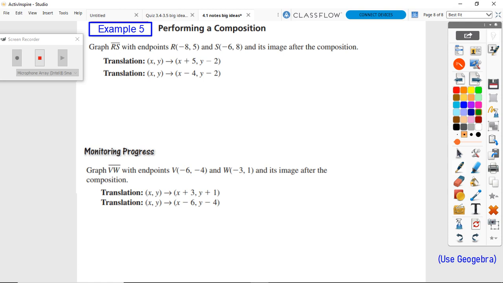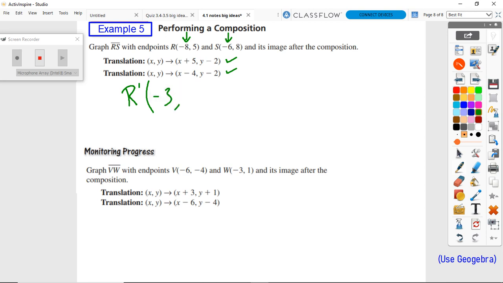All right, so wrapping up the lesson here today, performing a composition is basically doing 2 steps. You're going to do this step first, this step second. So let's see how it looks like. So when I go R prime, the X values on the first rule say add 5 to the X's. So I'm going to add 5 to each X. So let's see, 5 to -8 is -3.